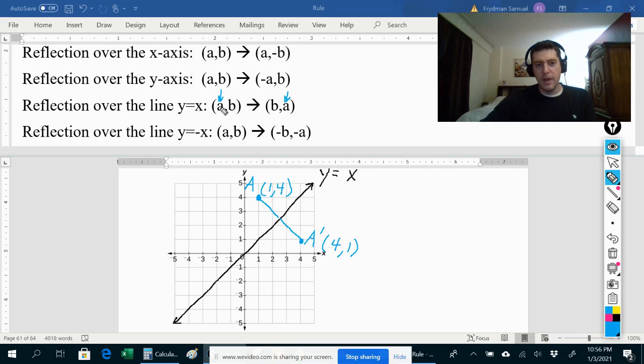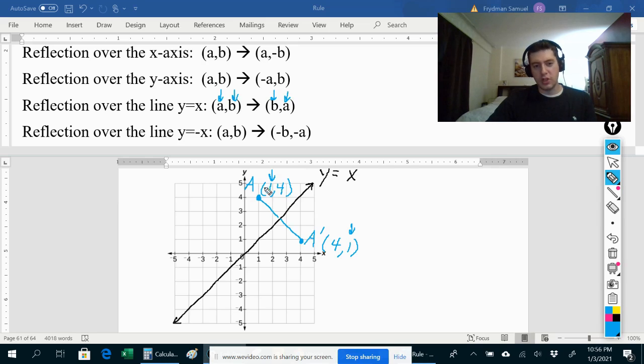But here, a is in the second spot, which means that it's the y-coordinate of the image. You can see what happened over here. Originally, the x-coordinate was 1, but over here, the y-coordinate is 1. And it's the same thing with b. Whatever the y-coordinate was originally, that's going to be the x-coordinate in the image.